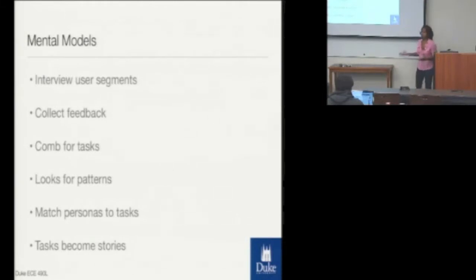Then we combed for tasks, meaning we figured out what verbs people are doing and how we could create a product around them. We looked for patterns if we had multiple segments, and based on the patterns we created some personas and tasks. The tasks are what become stories, and those stories fit into features.